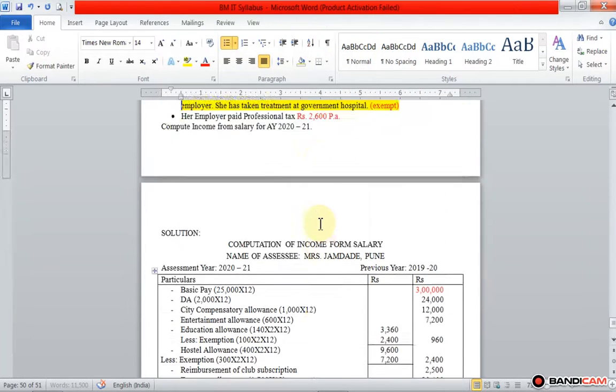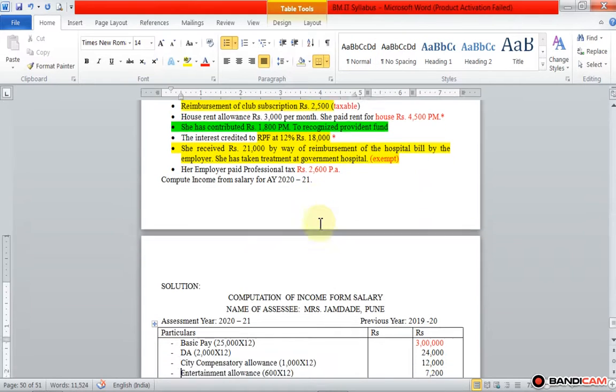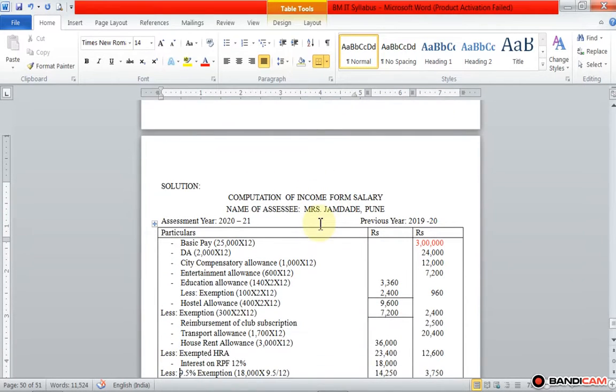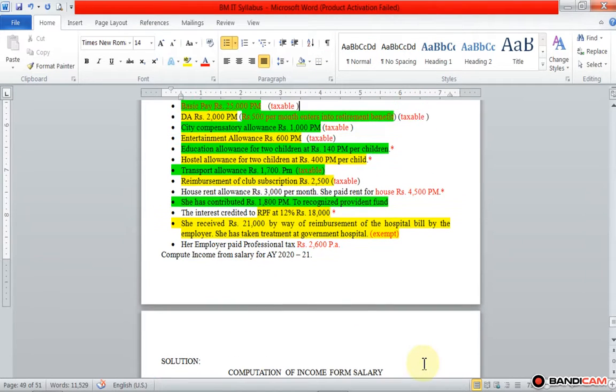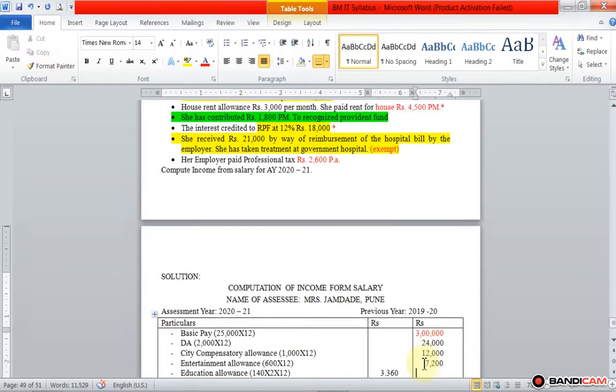Then professional tax paid by employer. The employer paid professional tax of the employee amounting to rupees 2,600. So here we take into consideration all taxable allowances, perquisites and interest on RPF.